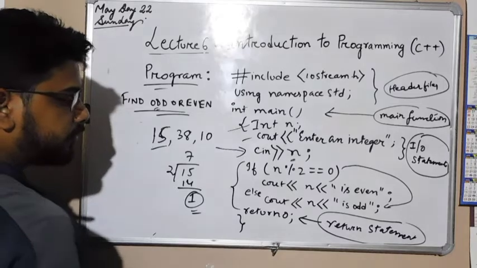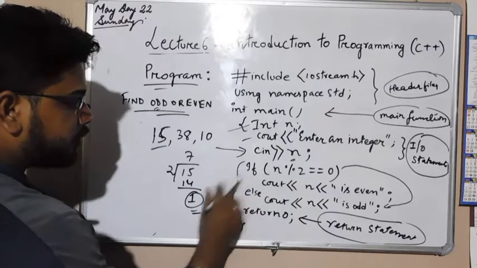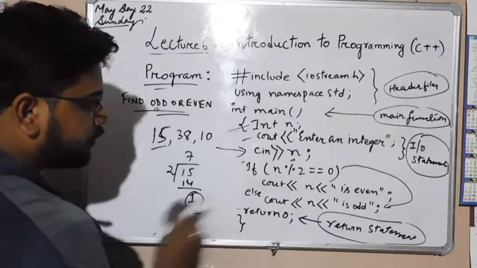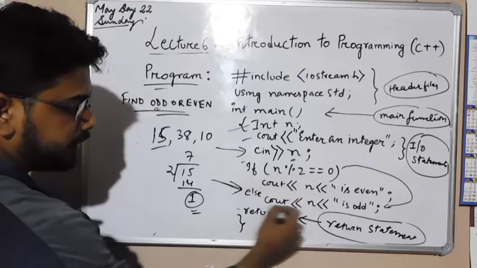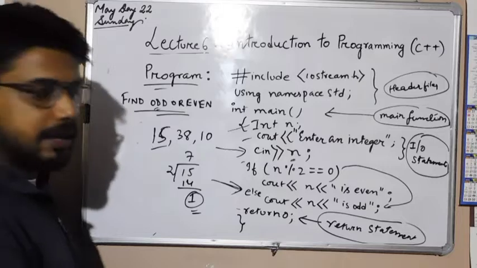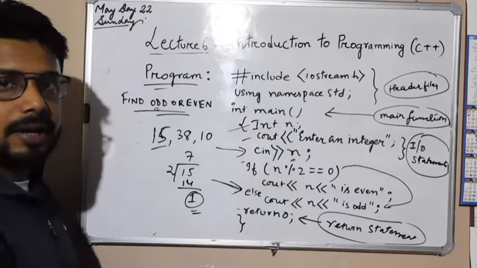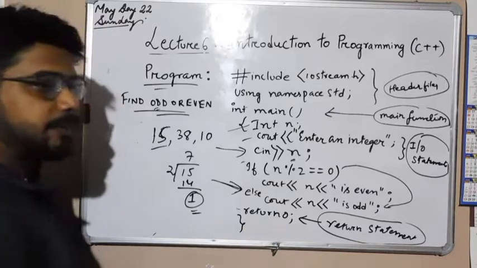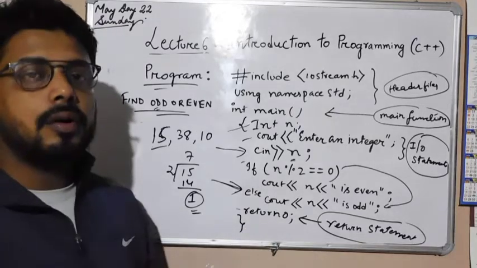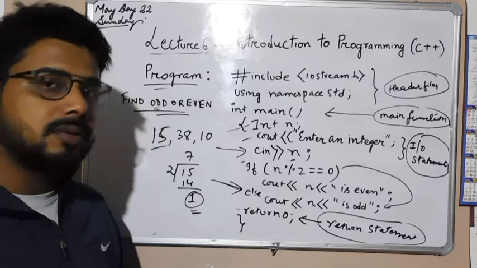But the remainder is 1 now, so the control goes to the else part. Since the if is not true, the other part will be true. Either of the two statements has to be correct: a number can either be odd or even, there is no third case.